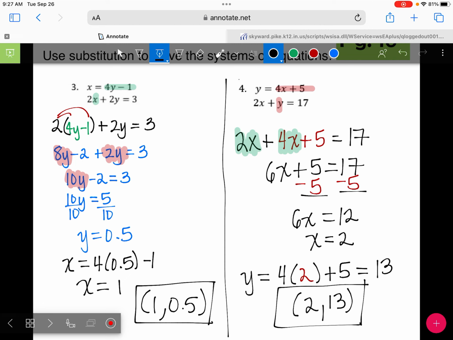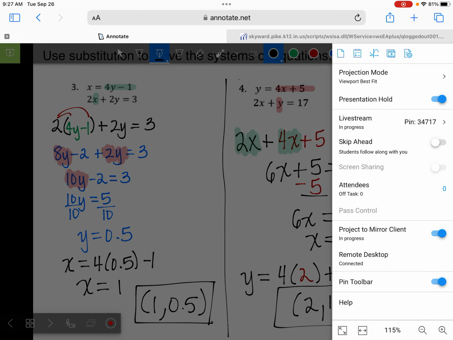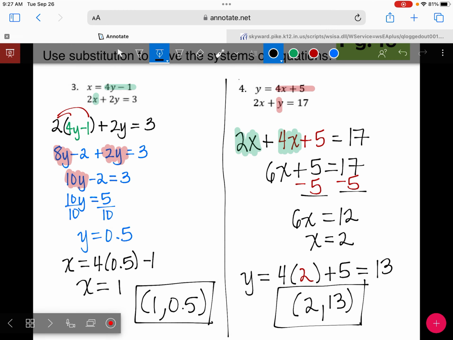So this is what I got. I got 2, 1, 3. Who got 2, 1, 3? Okay, so let's look at it. The first thing I did was I found my x. So I got x equals 2.